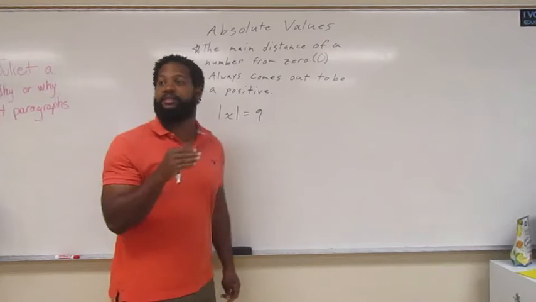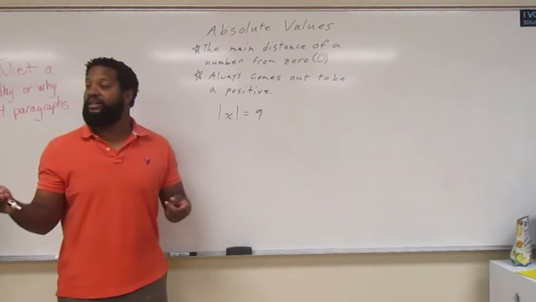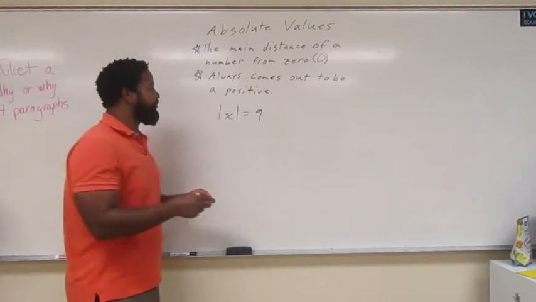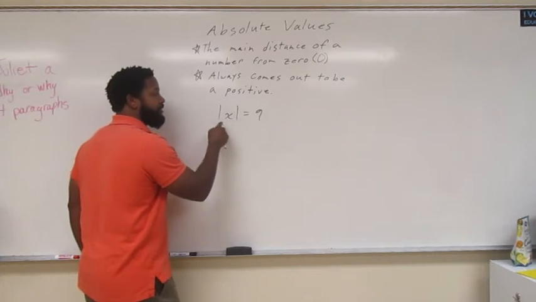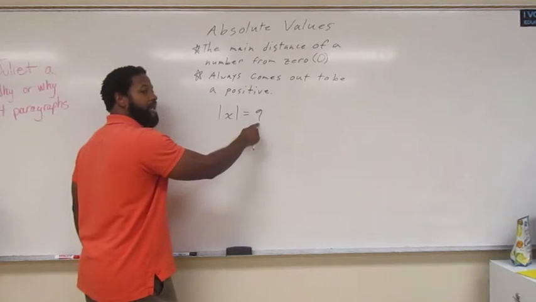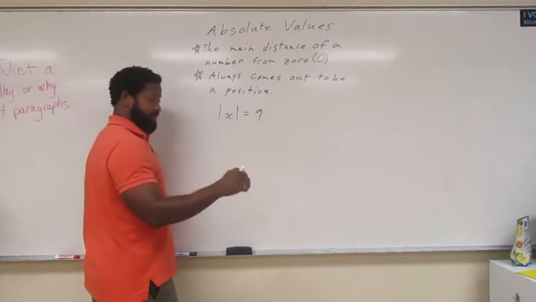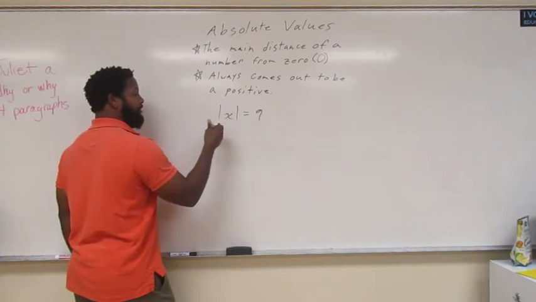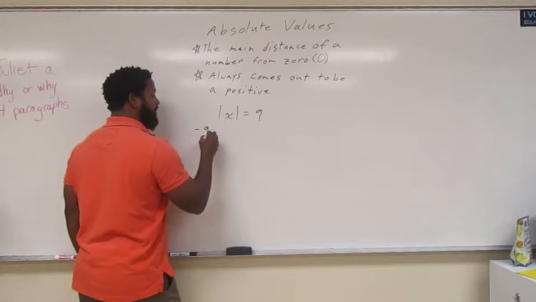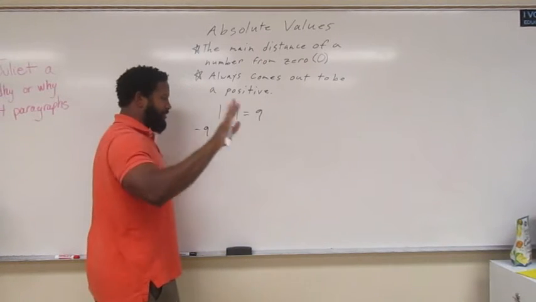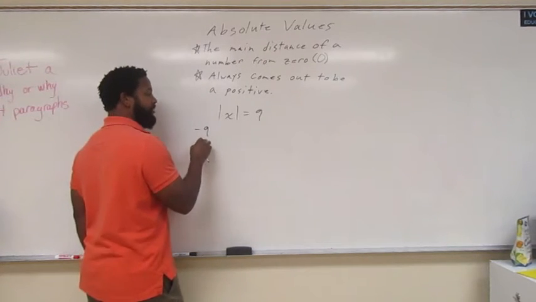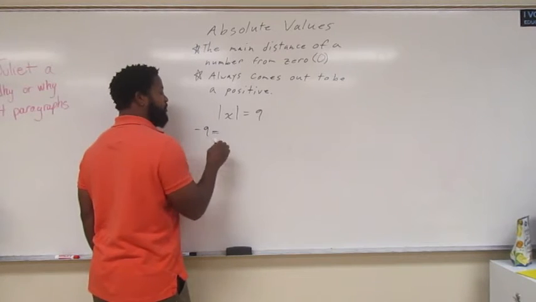That is the easiest way to get rid of the absolute value. If this is a +9, what's the opposite of a +9? Negative. So I'm going to do this slowly. I'm going to take a -9 and put it right here, make it equal to.